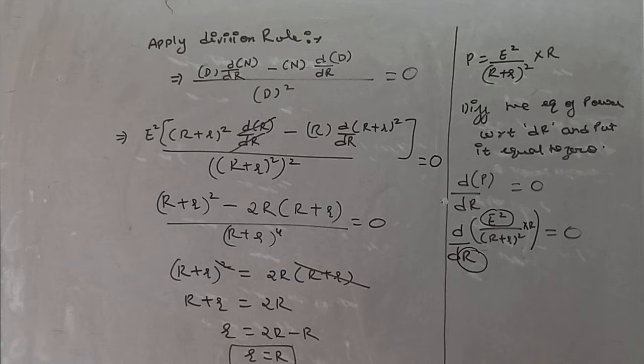See my dear student, the capital R is the resistance of the external resistor and small r is the resistance of the internal resistor which is present in the battery.